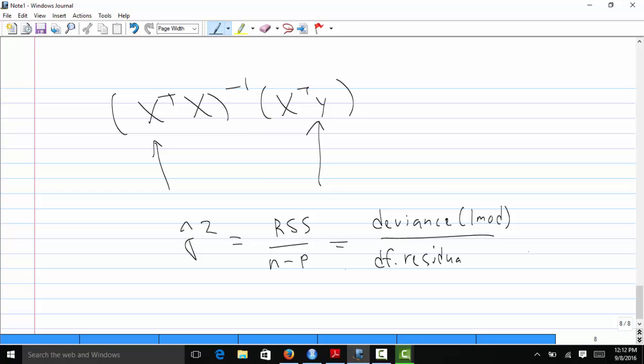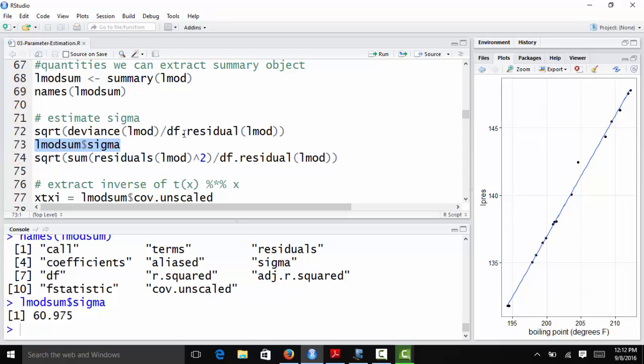If we want sigma hat, then we just need to take the square root of that. So that's what we do in the R code here: the deviance divided by the residual degrees of freedom, we take the square root of the whole thing, and we get the exact same number.